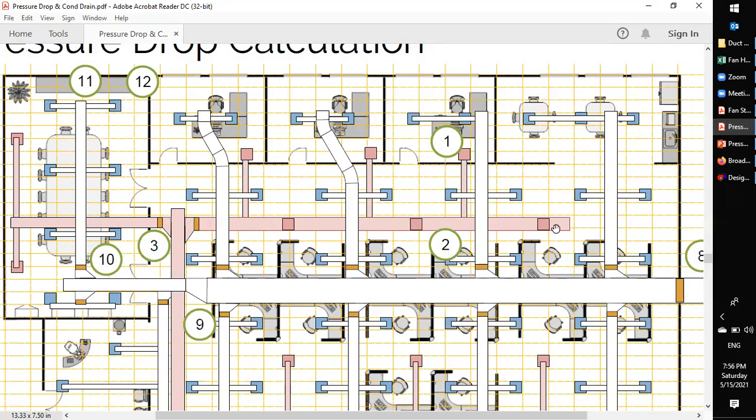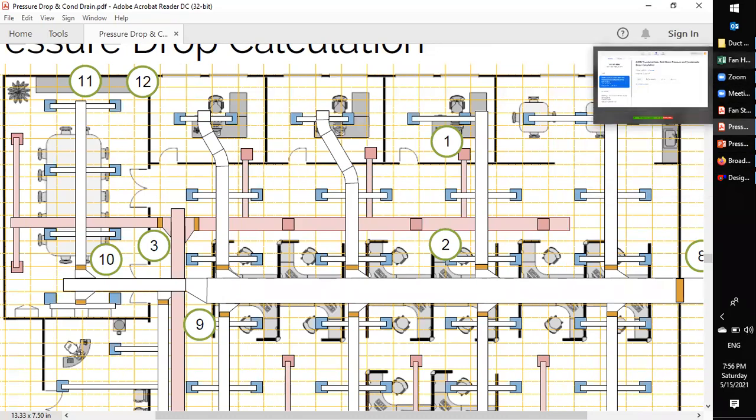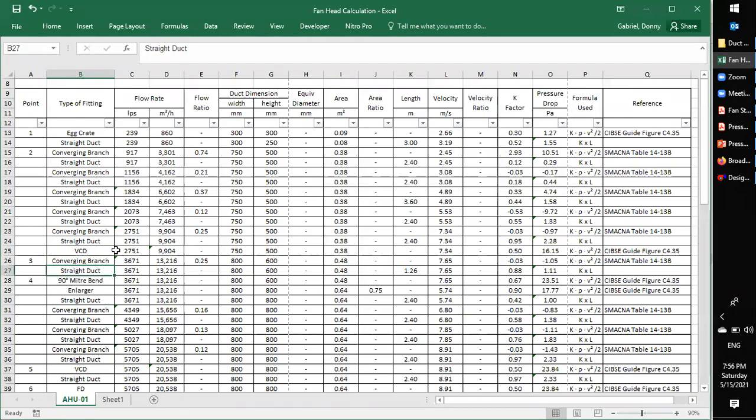Here, we already calculated the egg crate, the straight ducts, and the converging T. Now we will calculate a duct accessory, that's a diffuser. Okay, diffusers. First diffuser is the VCD.